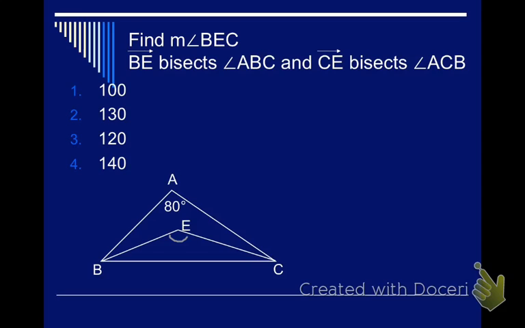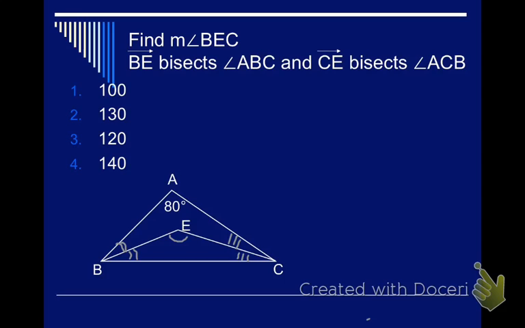So we know this angle is congruent to this angle by the definition of an angle bisector. And this angle, with 3 stripes, is congruent to this angle, again by the definition of bisectors.